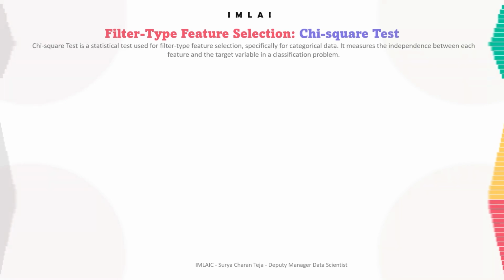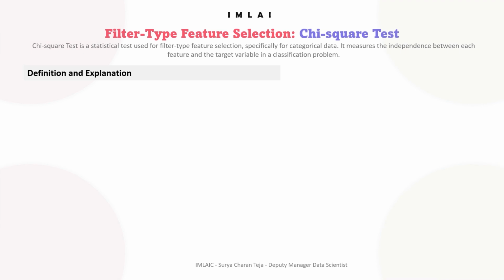Let's look into the definition. The chi-square test evaluates whether there is a significant association between two categorical variables. It calculates the chi-square statistic and compares it to the critical chi-square value to determine the statistical significance.